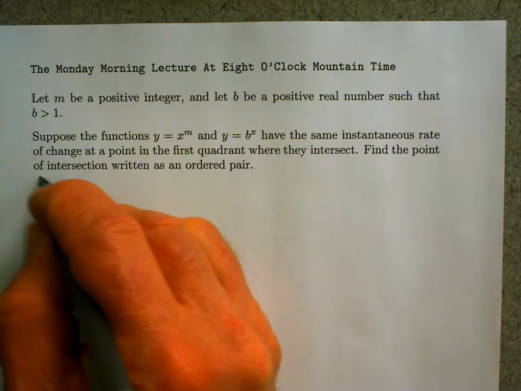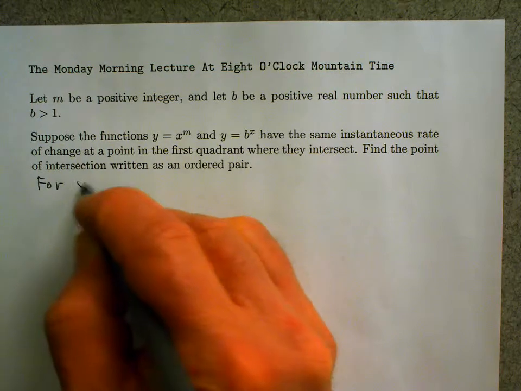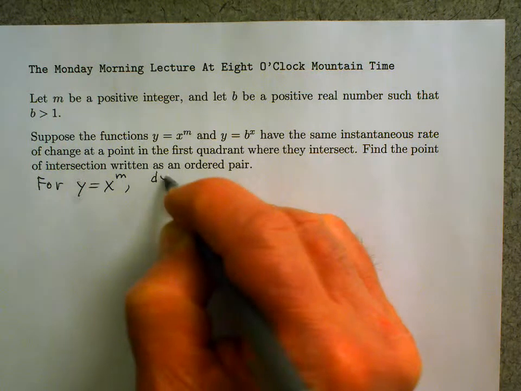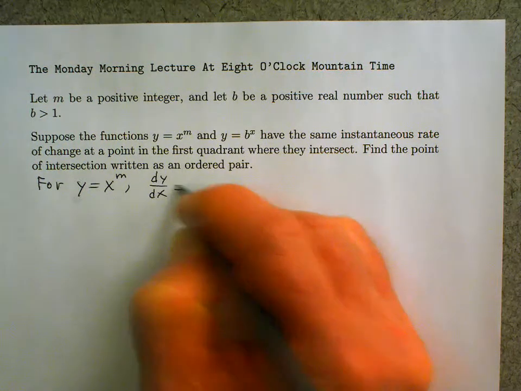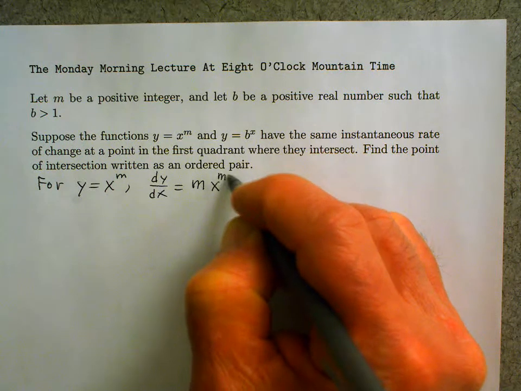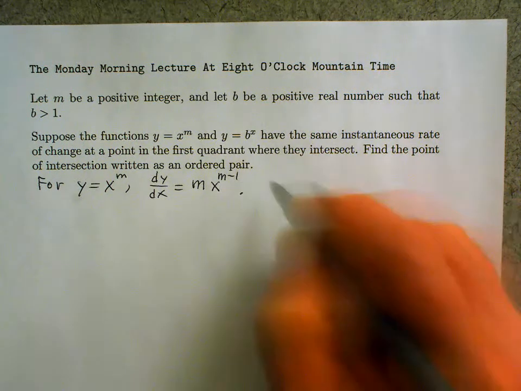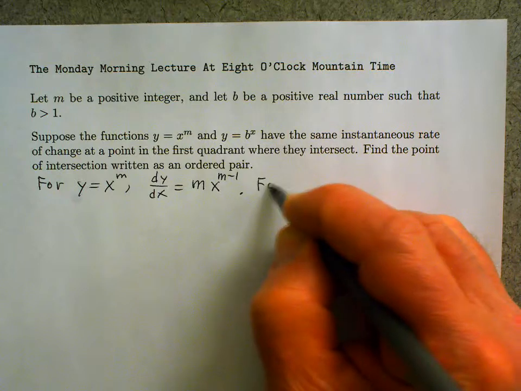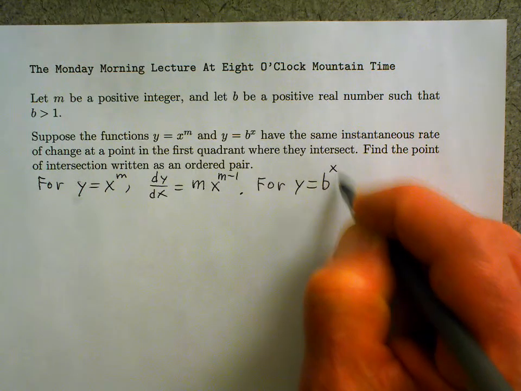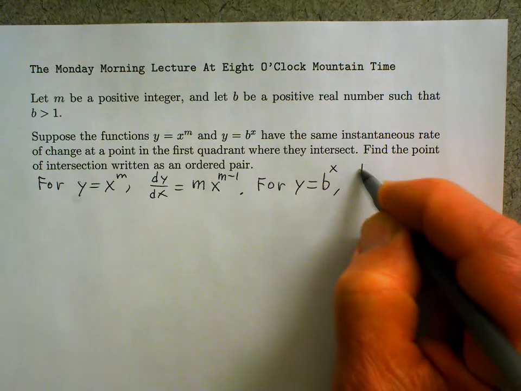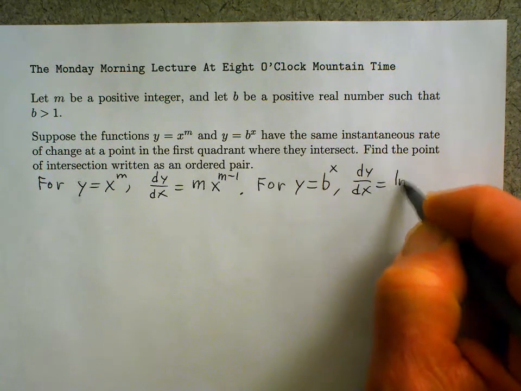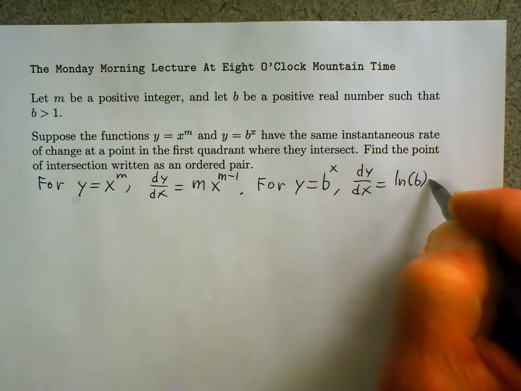So for y equals x to the m, the derivative of y with respect to x is equal to m times x to the m minus 1. And for the exponential function, for y equals b to the x, the derivative of y with respect to x is the natural log of b times b to the x.